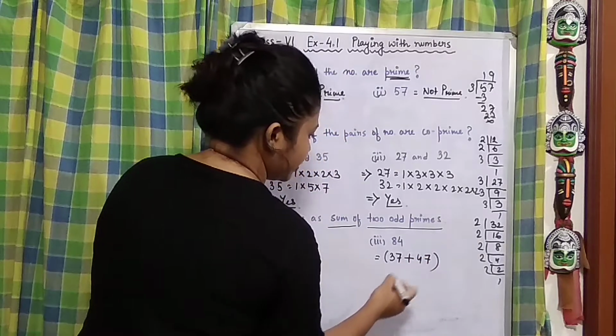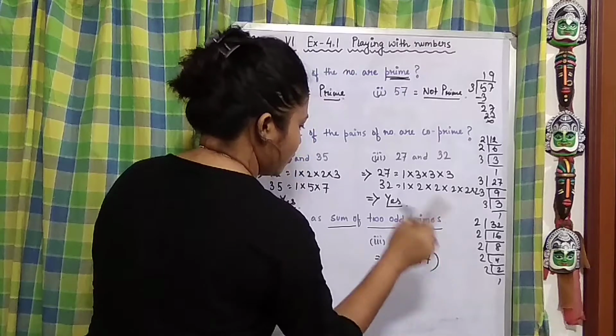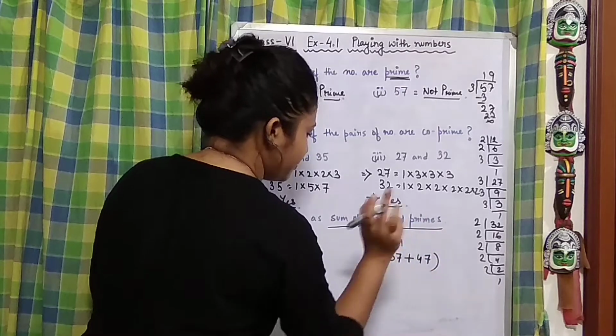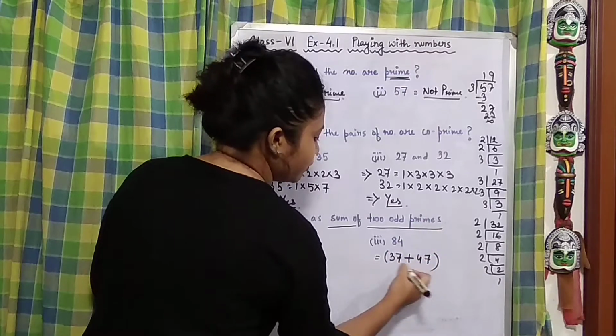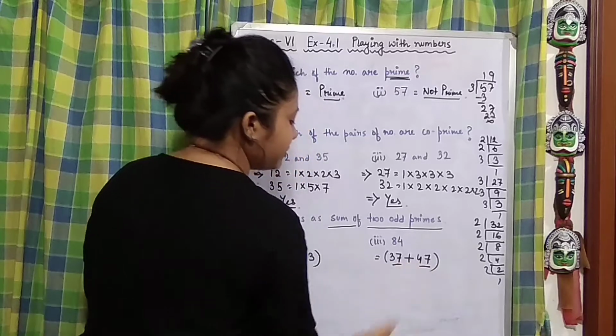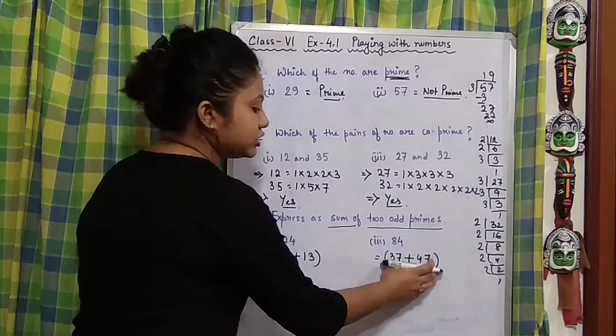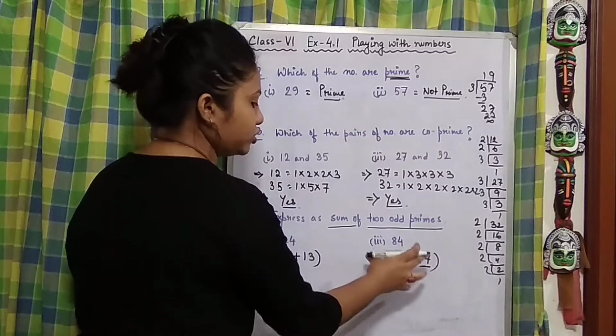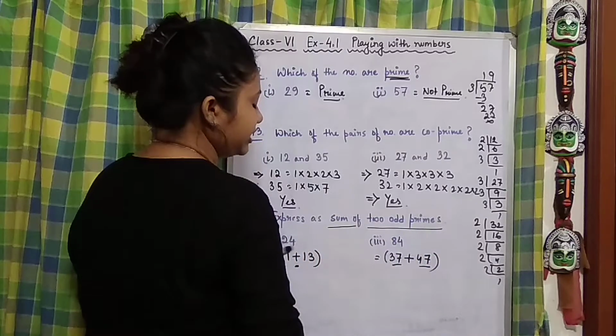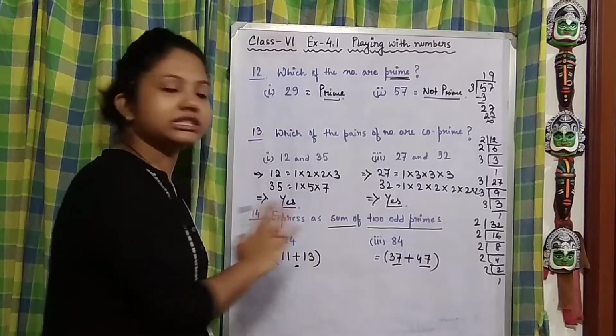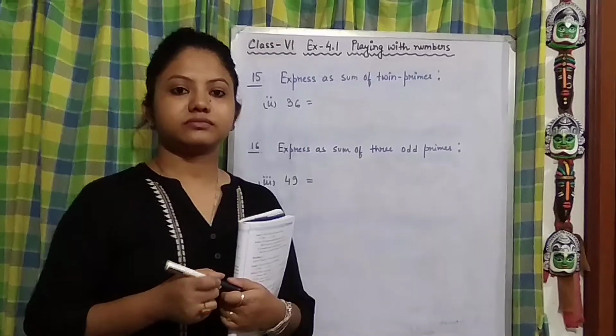So 7 twos are 14, 1 carried, 4 plus 3, 7, plus 1, 8. 84. So 47 is also an odd prime number and 37 is also. The sum of both of these odd prime numbers gives the answer 84. So this is how we do this.